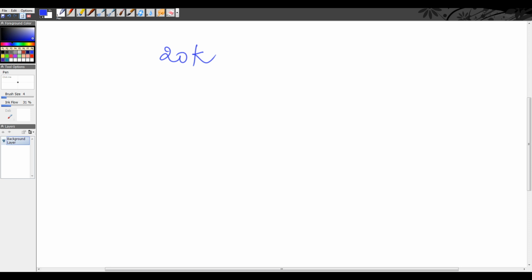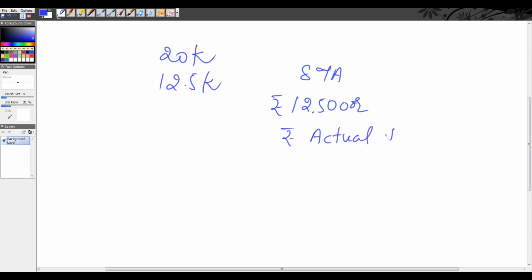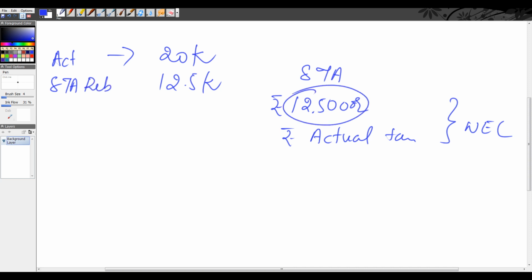Rebate will be 12,500 because 87A says your rebate will be 12,500 rupees or the actual tax liability, whichever is less. In this case, actual tax liability is 20,000 and the 87A rebate limit is 12,500. So which is less? Obviously 12,500 is less.